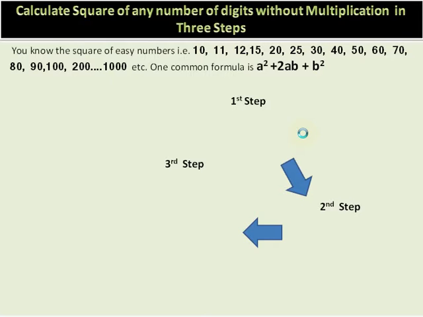Then you multiply a and b, 1 and 2, and multiply that by 2, so you get 4. And a square means 1 square, which is 1, so your answer is 144.